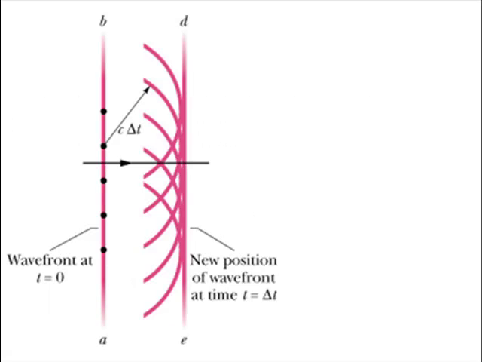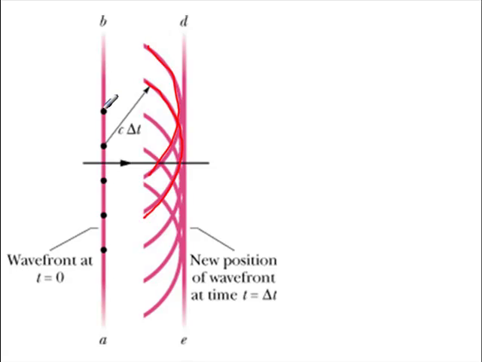Absolutely. So here we have a wavefront at time t equals 0. And we imagine that each one of these points becomes the source for a new wave that we see illustrated here. Okay, so this one is the source of this wave right here. This one is the source of this wave right here.